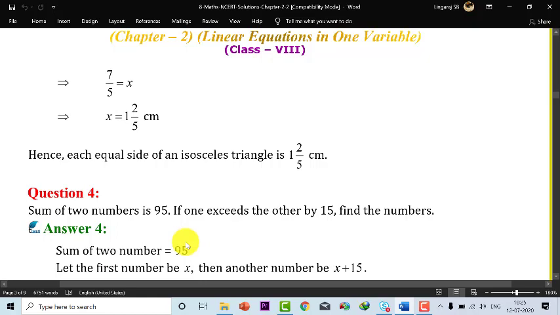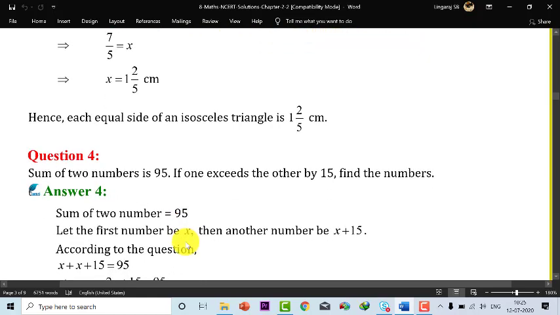Next we can solve question number 4. In the fourth question, the sum of two numbers is 95. If one exceeds the other by 15, find the numbers. In the solution, the given is that the sum of two numbers is 95.